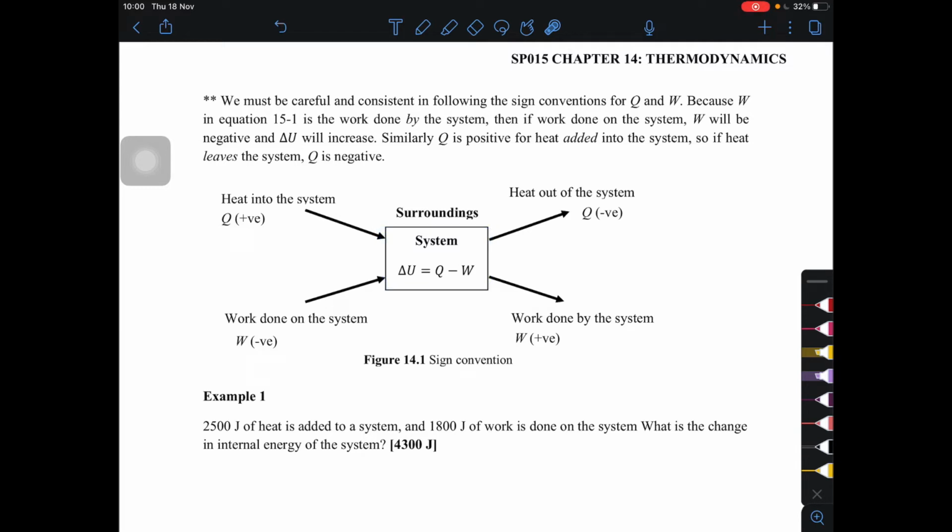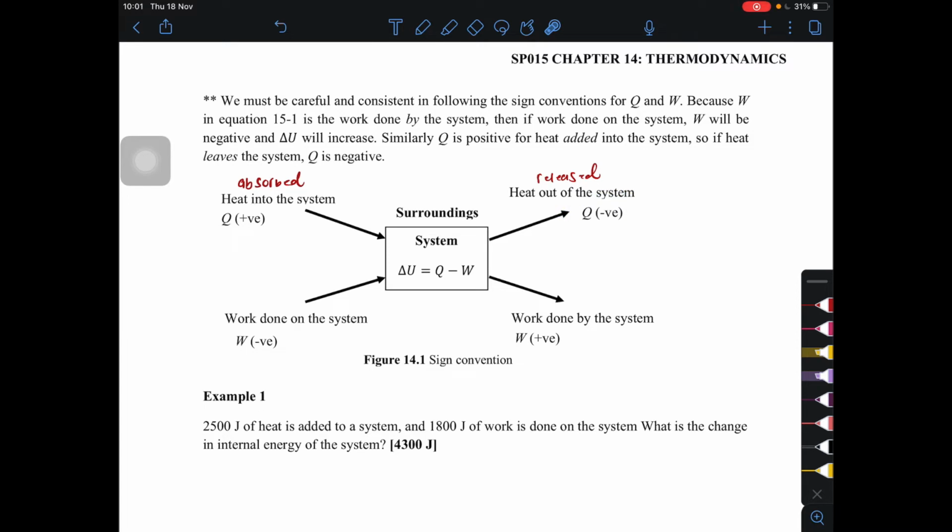When heat is added into the system or heat is absorbed by the system, the value for Q will be positive. If heat is released out of the system, Q will be negative.